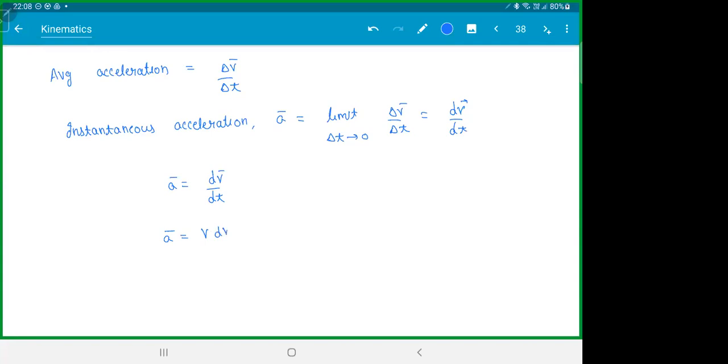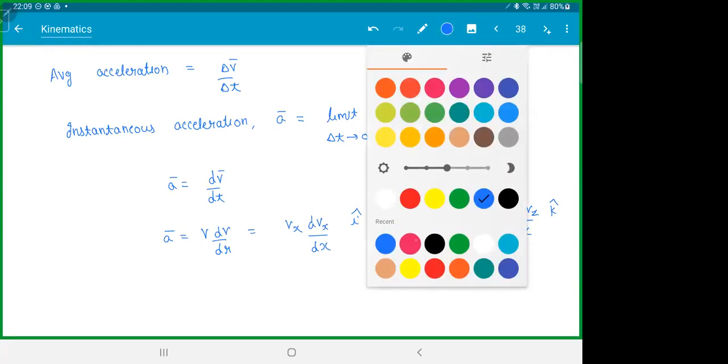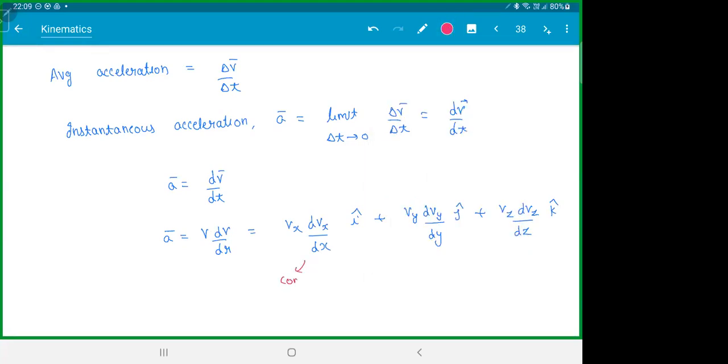vx dvx by dx i cap plus vy dvy by dy j cap plus vz dvz by dz k cap. So what is the meaning of this? This is the component of acceleration along x direction.